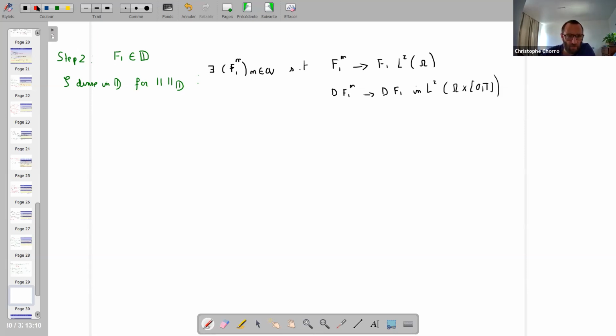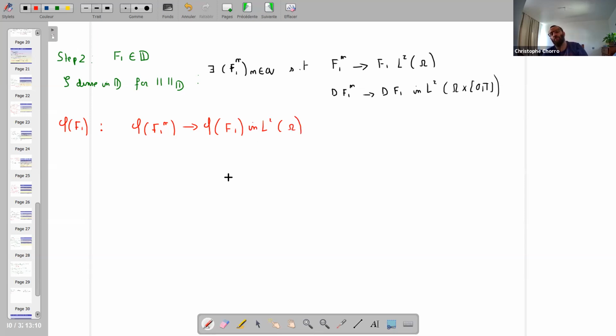And now I am interested in phi of F1. So what can I say? First, I can say that phi of F1n converges toward phi of F1 in L2 of omega.